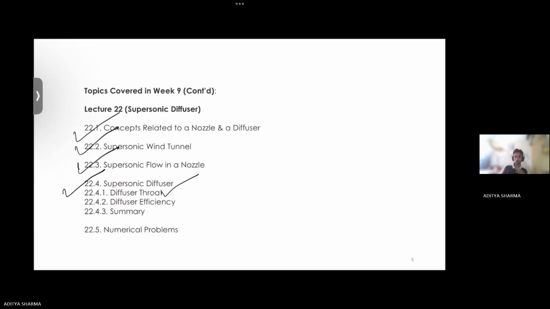What dimensions of the throat we need, and in what way the throat diameter is constrained, has been discussed. Also the efficiency of this diffuser, vis-a-vis saving our total pressure, or reducing the total pressure loss, has been discussed in this topic, and then this topic has been summarized.